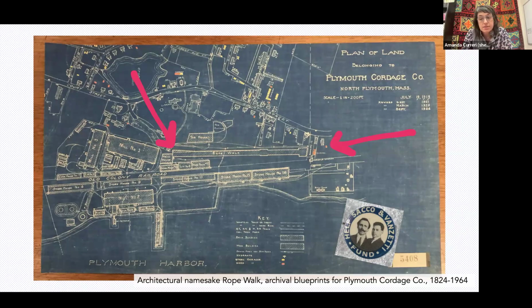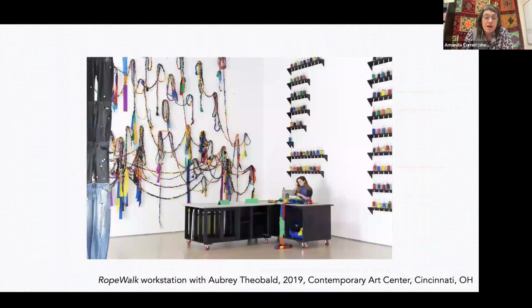I guess I got really into the PowerPoint features here. Here's an example. I was invited to show this work at the Contemporary Arts Center in Cincinnati. This is 2019, and this is the rope walk workstation.